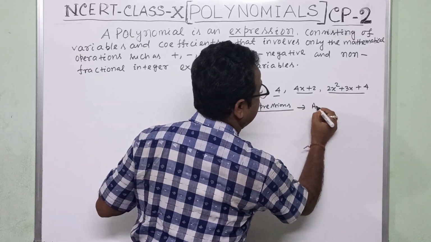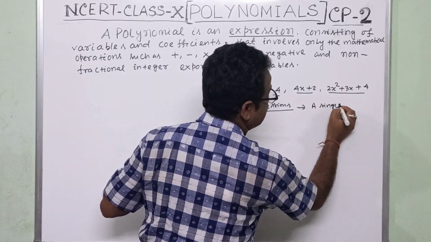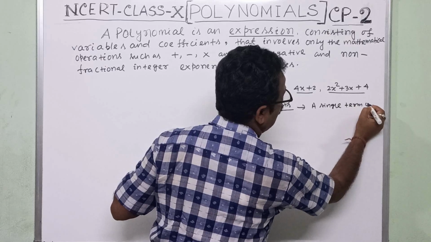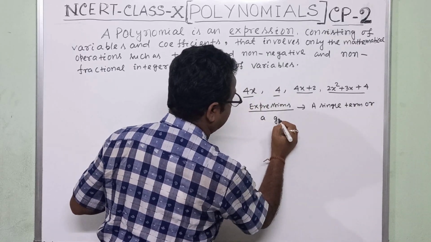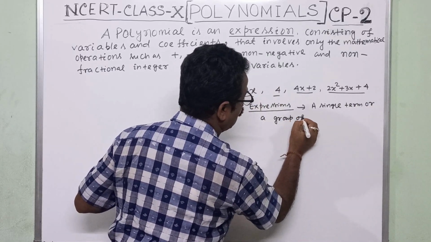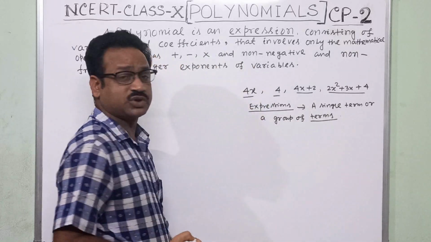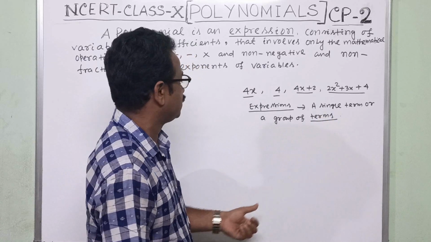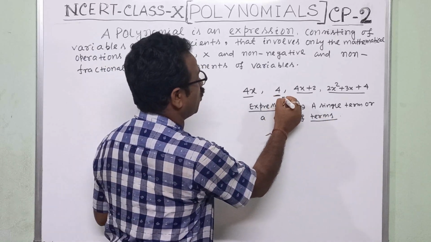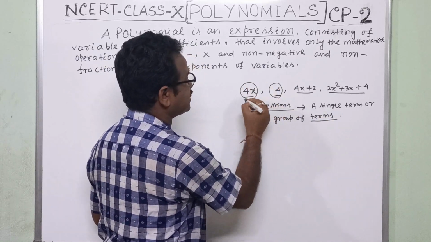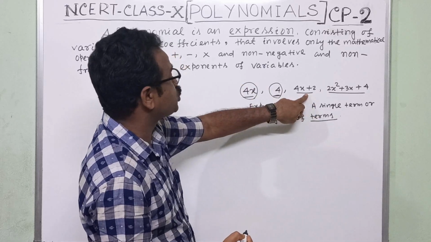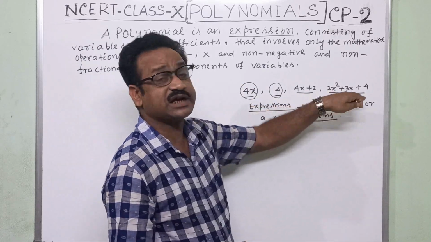A single term, like 4x, or a group of terms, like 4x plus 2 or 2x square plus 3x plus 4.